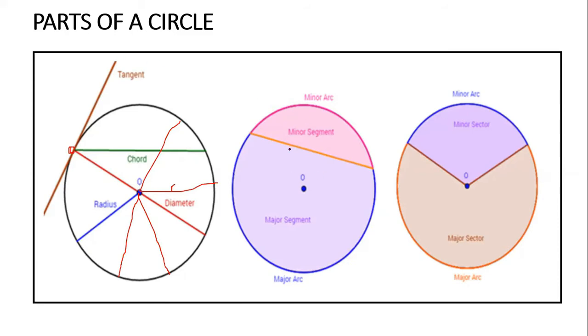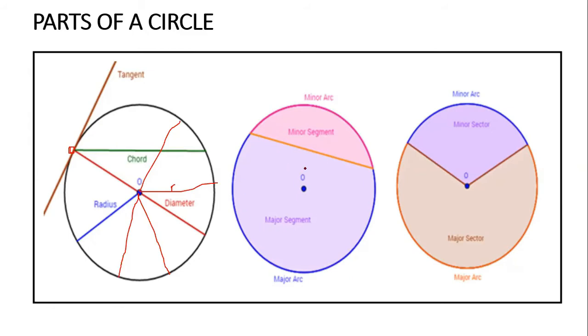In this second diagram, we have what we call a minor segment. A minor segment is an area that is bound by a chord and an arc. Because there are two areas that can be bound by a chord and an arc, we have a minor arc and a major arc.